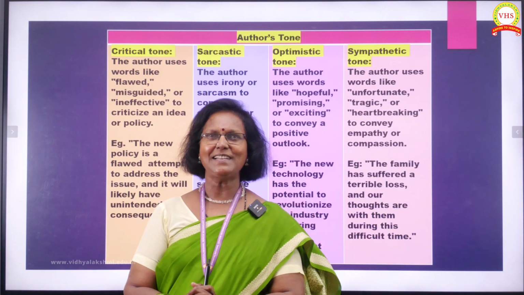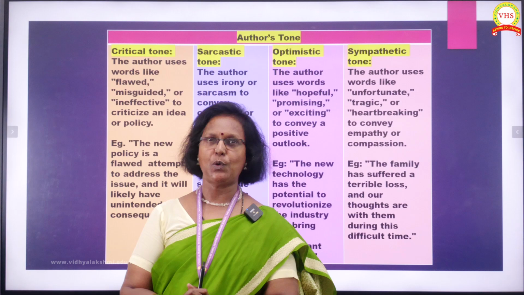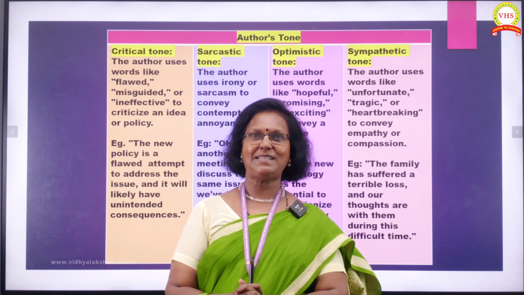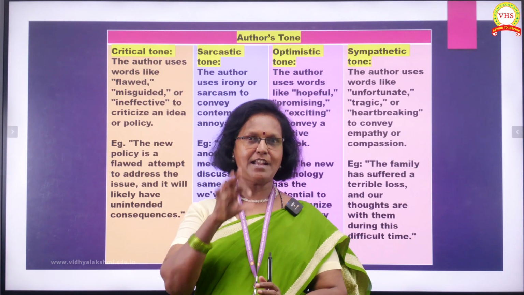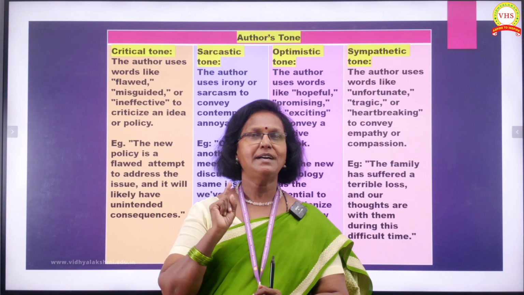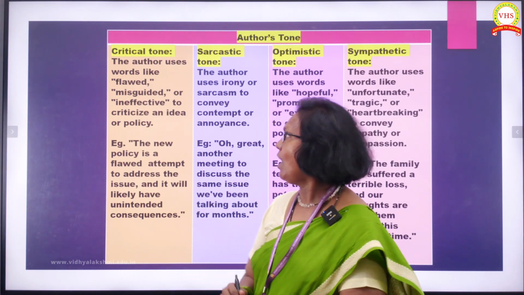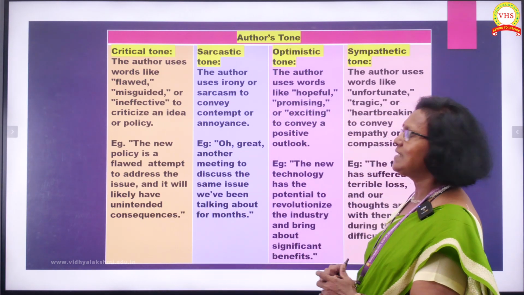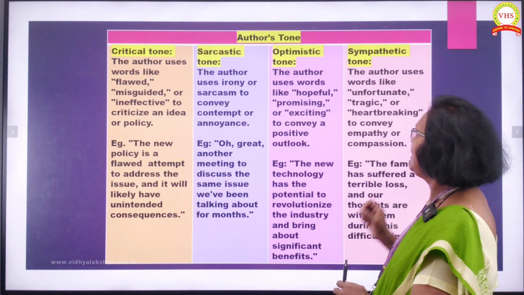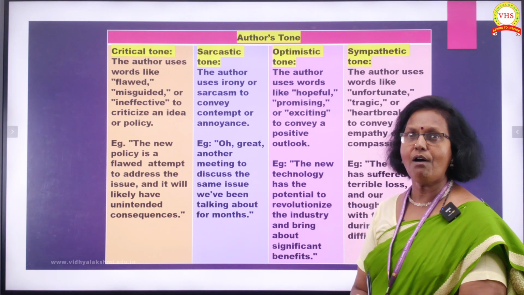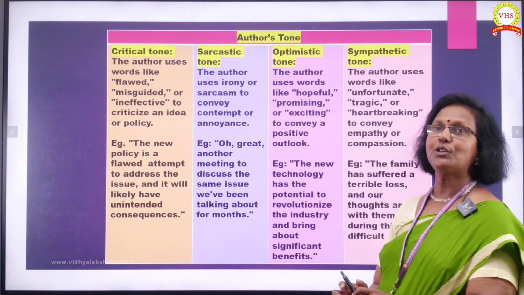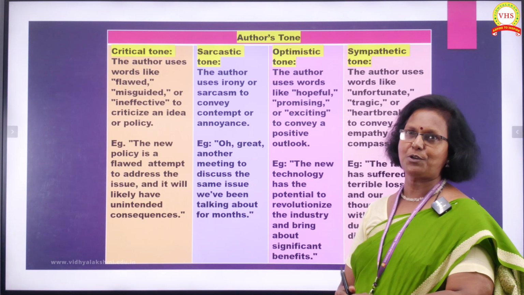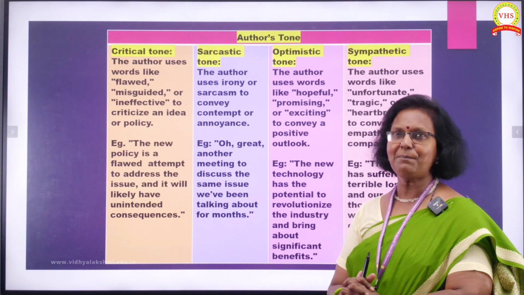Now let's see the next one. The next one here is the optimistic tone. What do you mean by optimistic? Remember the second letter O, hope. It is positive. The author uses words like hopeful, promising or exciting to convey a positive outlook. So what's the example given here?